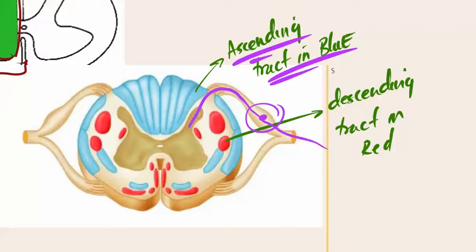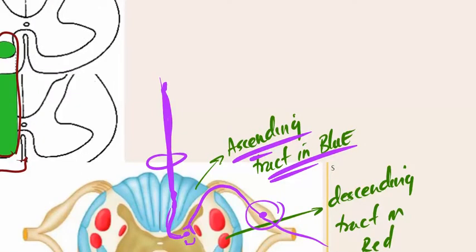So we can have a synapse here, and I could be wrong about how this is going, but maybe it can travel something like that and then go up. This is another cell body, and it can be a propriospinal neuron. Actually, let's use projection, I think that's a better one. So let's say this might be a projection neuron, and then it can send its axon all the way up to the brain.